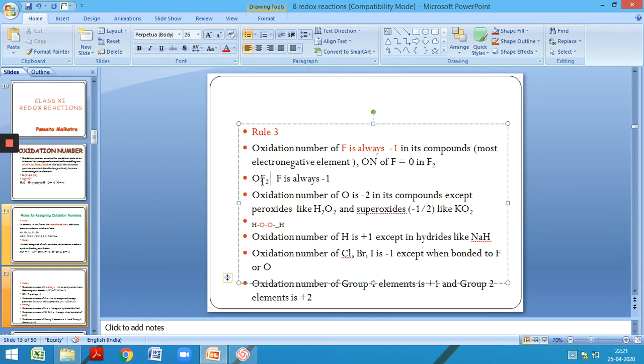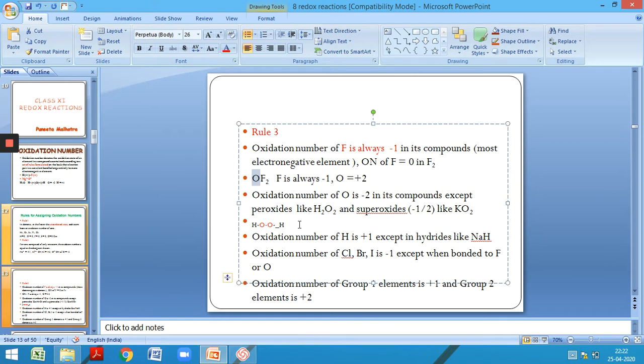Each fluorine has -1 charge, so oxygen will have a +2 charge in order for the whole molecule to be neutral. With fluorine, oxygen has a positive oxidation number.